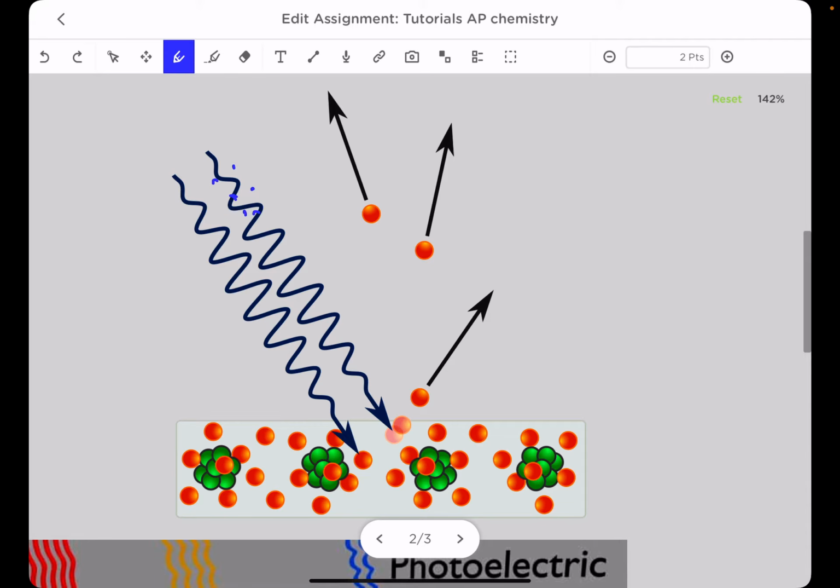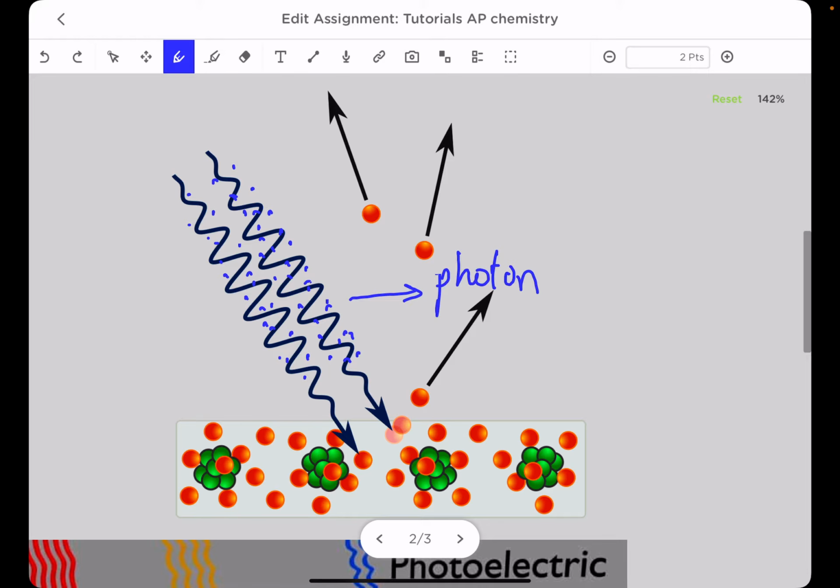Photons are the particles. So I'm just going to draw dots, and I'm gonna call these dots packets or photons. So light is composed of packets. The light comes in packets. These packets are the particles. These packets are the photons.